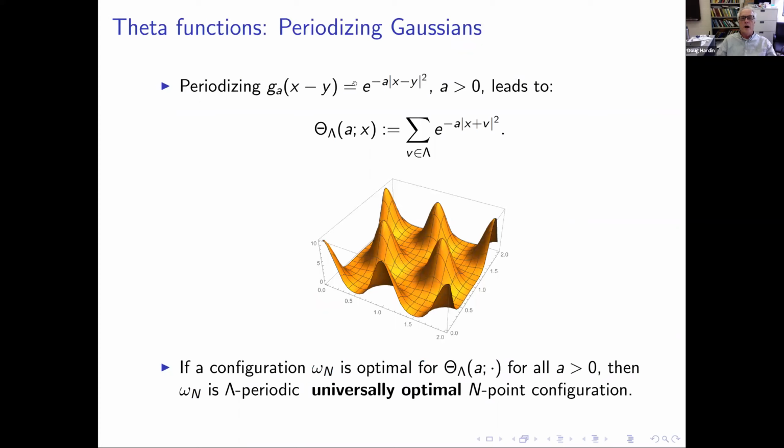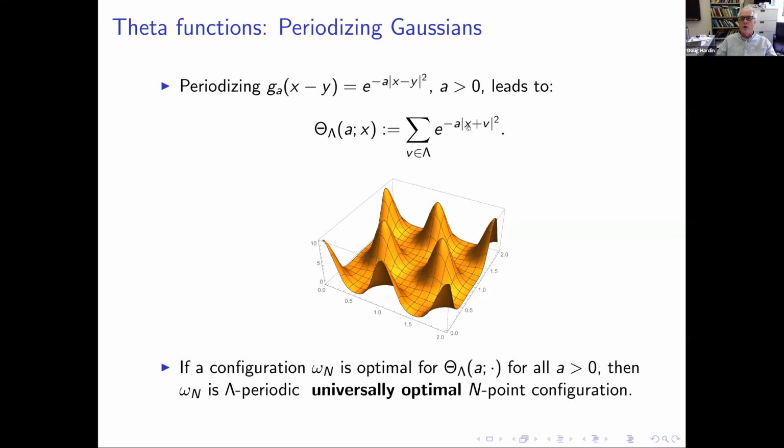Now, if you periodize the Gaussian family, then this forms a family of theta functions. We refer to them as Epstein-Hurwitz zeta functions.